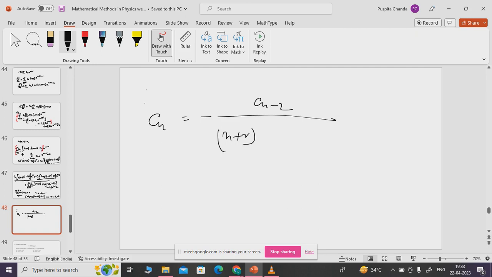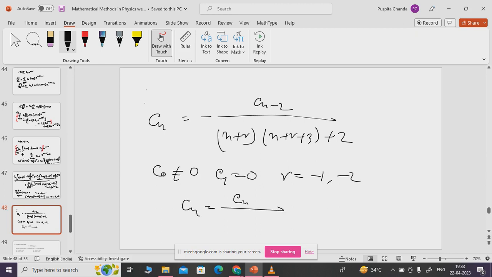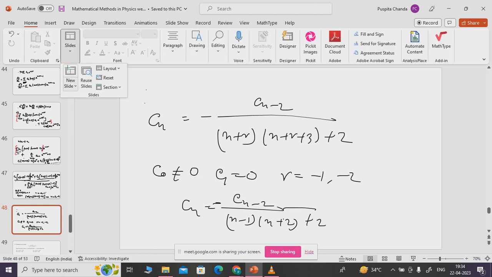From the coefficient of x to the power n plus r, we get n plus r plus 3 plus 2. So if we choose C naught not equal to 0 and C1 is equal to 0, so r is equal to minus 1, minus 2. From this Cn becomes minus Cn minus 2 over n plus r, n plus 2 plus 2.